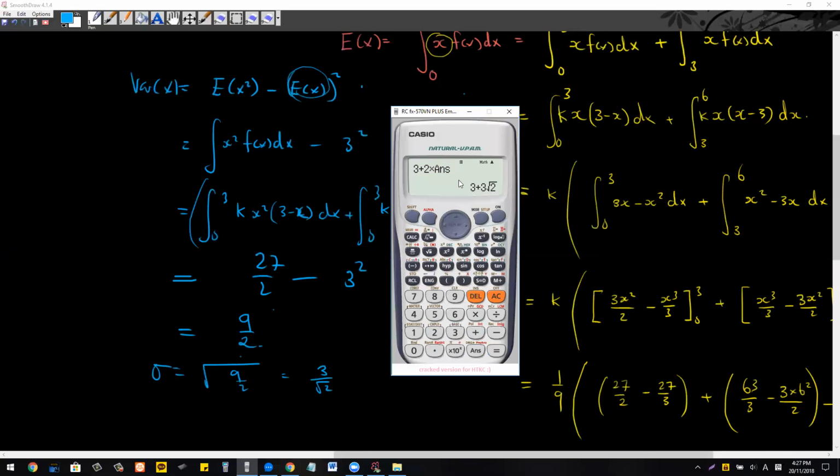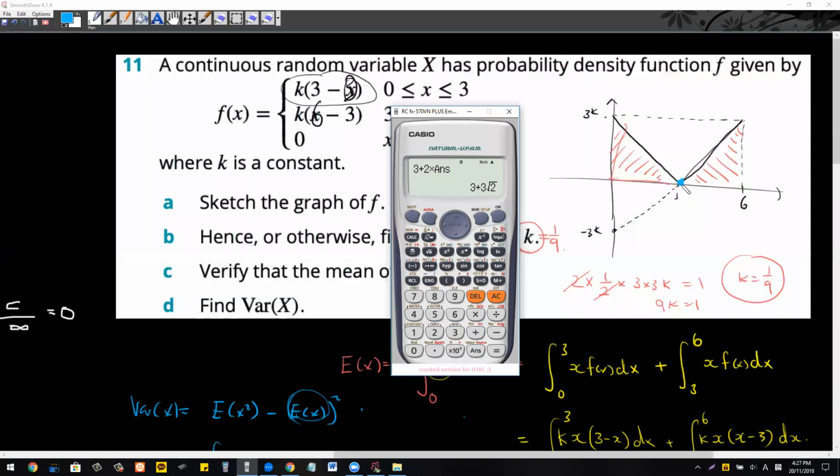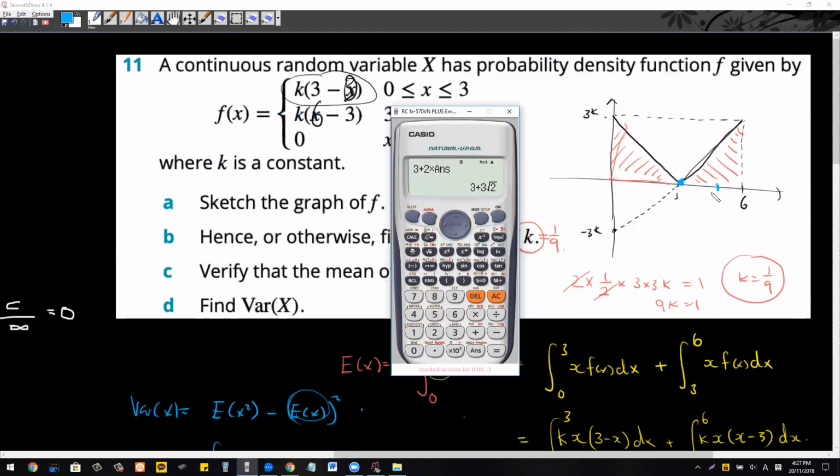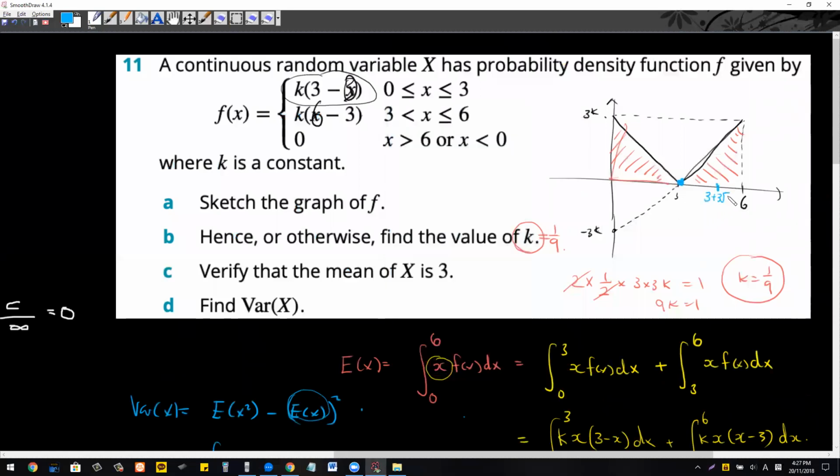If I integrate from here to over here, which is 3 plus 3 root 2, and figure out this area here, it will be 0.95. Is it? And I have to figure out this area as well, true? But I can simply figure out this area and then double it.